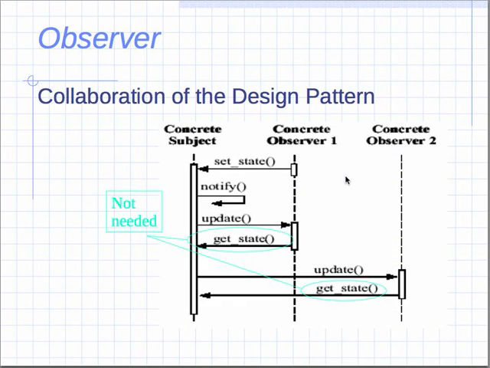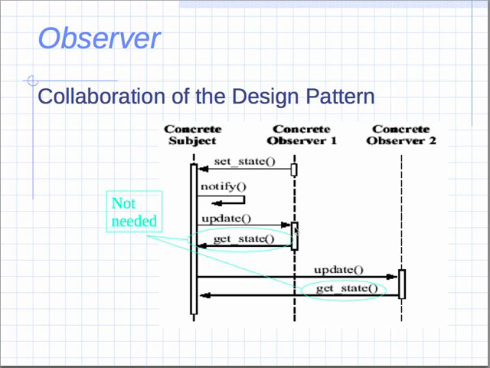Okay. And here is how calls are made in terms of a sequence diagram. The concrete subject is something like a JButton. And let's say in this case there are two observers, or two classes that implement the action listener interface. One of these might actually set the state, and then something happens, and then it calls the update method of all of the observers.